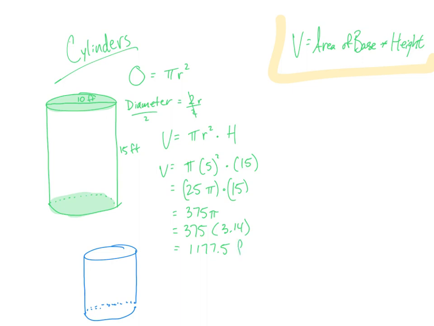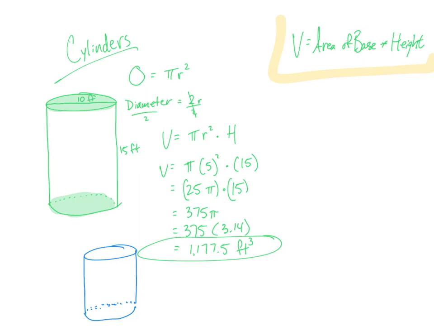We're dealing with feet, so this is cubic feet for us here. Okay, so that would be able to fit a whole lot of food or crop, whatever the silo can be filled up with.